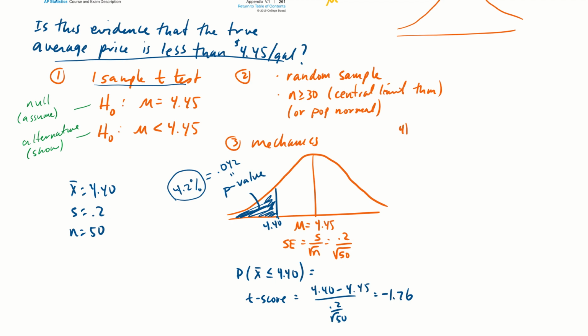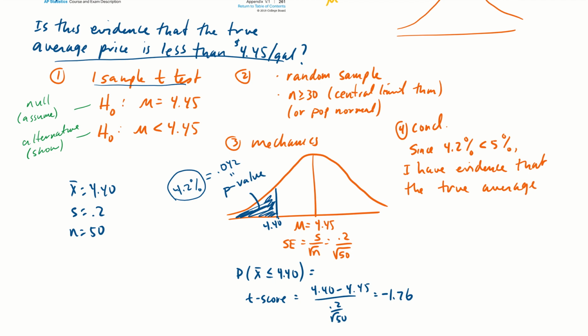So for my conclusion, we're going to say since the p-value 4.2% is less than 5%, I have evidence that the true average gas price in California is less than 4.45 per gallon.